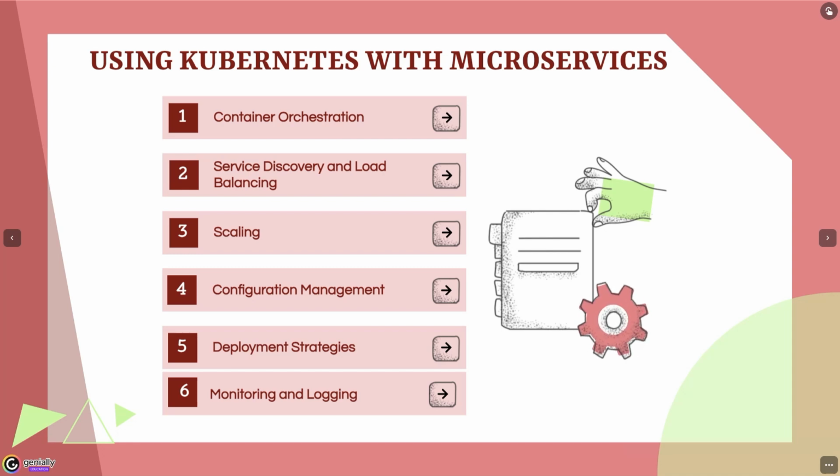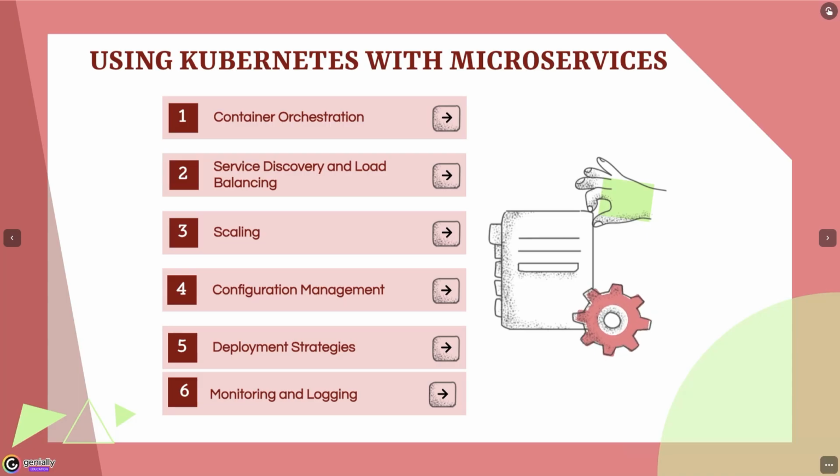One is container orchestration. So, Kubernetes manages the lifecycle of Docker or other container runtimes. It schedules containers onto nodes in a cluster, ensures their health, and manages scaling based on resource utilization and defined policies.